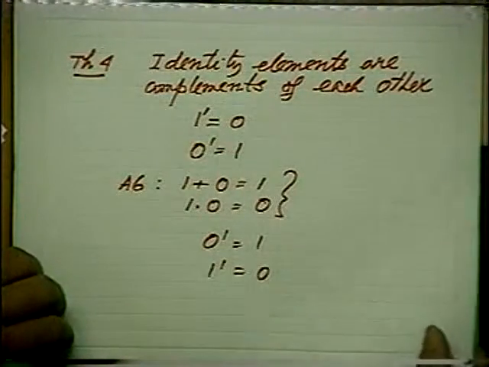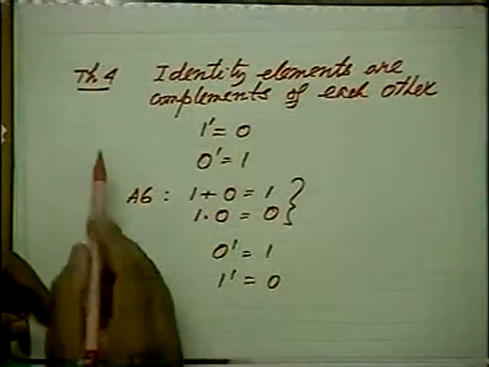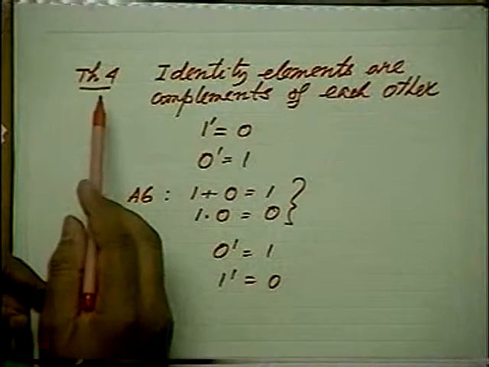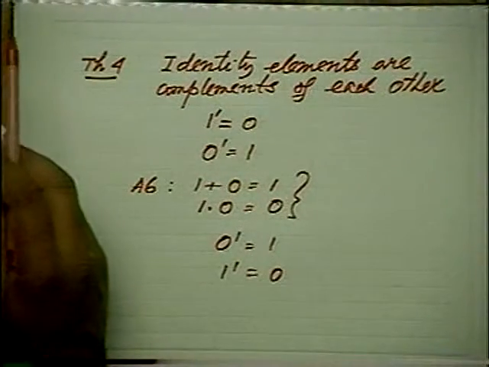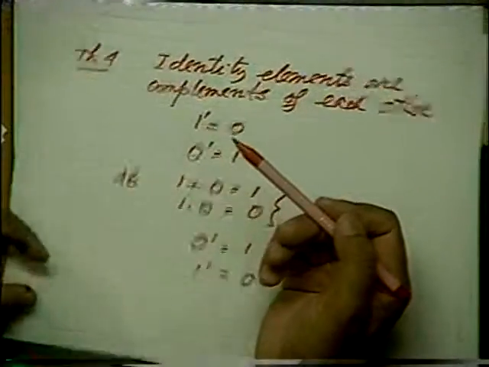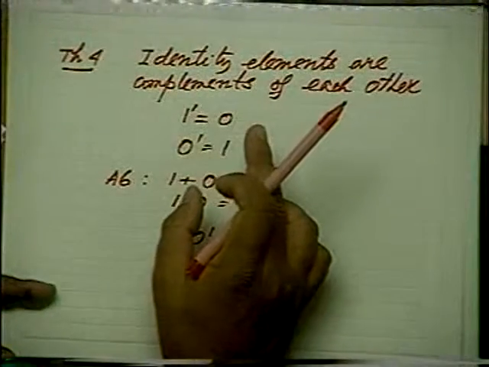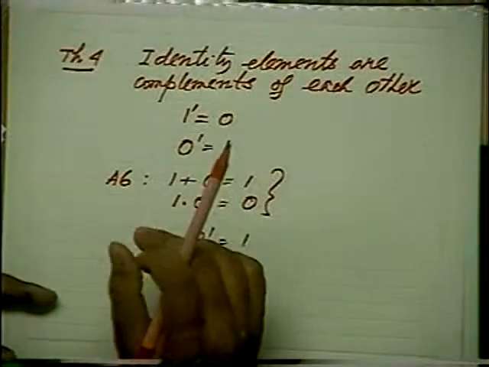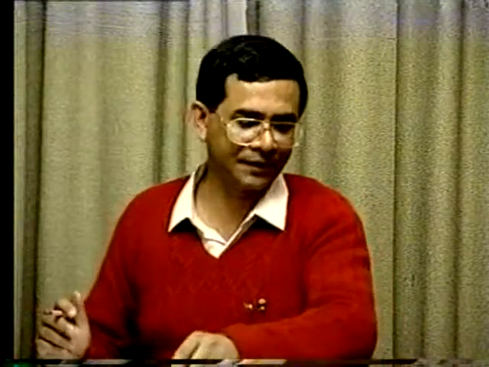Therefore you can see that a particular theorem can be proved either directly from the axioms or from the axioms as well as the theorems that we have already proved. Therefore I suggest that you try to prove all these theorems on your own, and that will give you, I should say, a confidence also regarding handling of expressions by means of Boolean algebra.